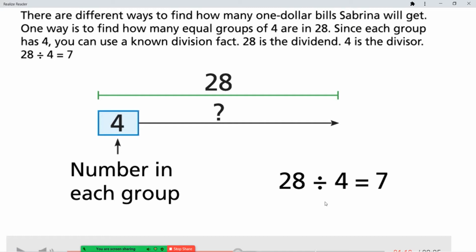Now you can either use your known division facts, or you could use related multiplication facts. So 4 times what number is equal to 28. Or you could use another strategy that we've used before, which is repeated subtraction, to help us find how many times we can take out groups of 4 until we get from 28 down to 0. 28 divided by 4 equals 7.